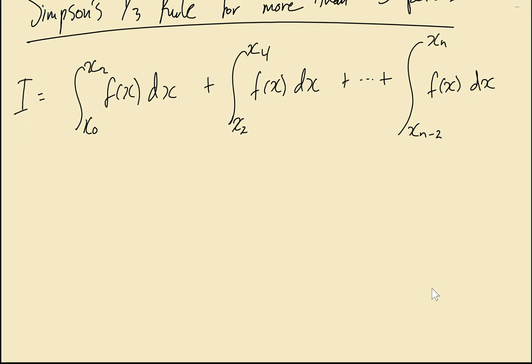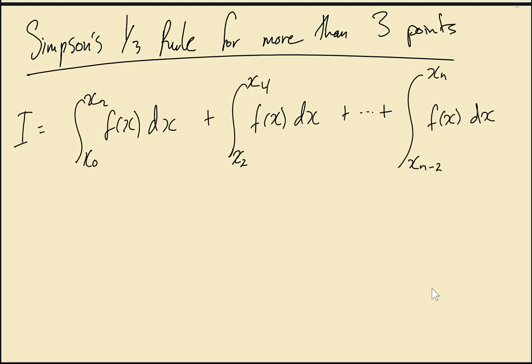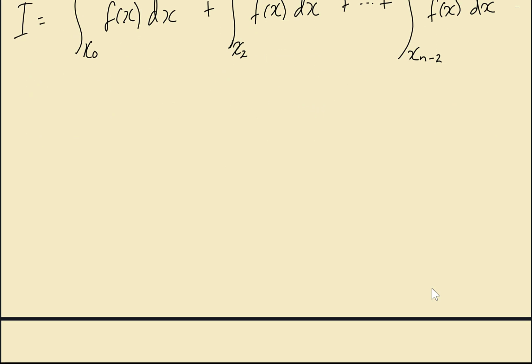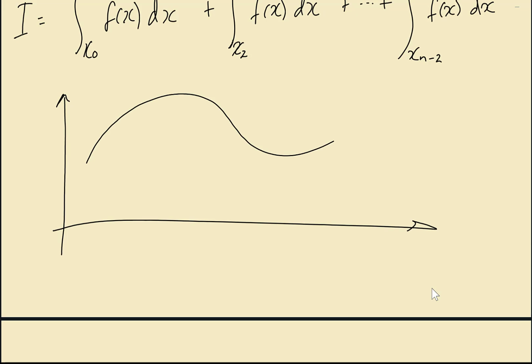Now what we're going to do is look at how we can derive an expression that will be simple when we're applying more than 3 points. So we're going to use the same kind of graph as before, with multiple points on here, starting with x0, x1, x2, going all the way to x6.